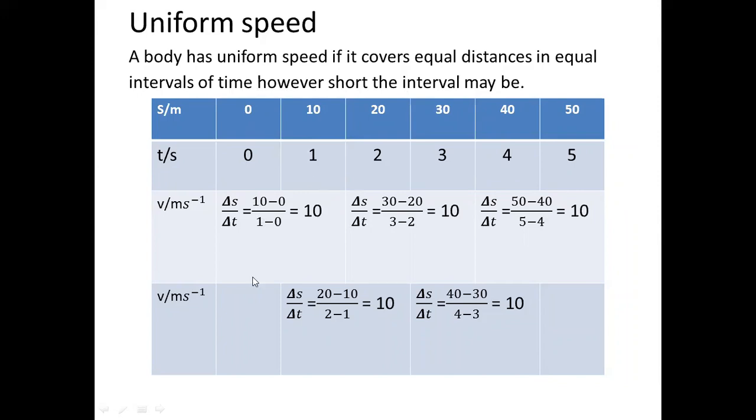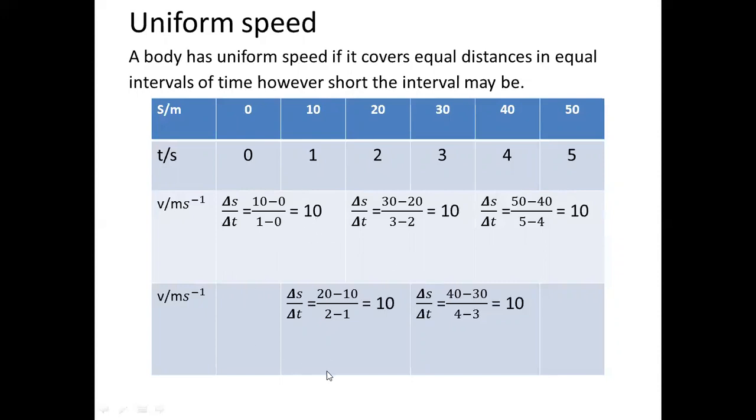So over here, we are going to see how to calculate speed for the time interval from 0 to 1. It is distance divided by time, 10 minus 0 over 1 minus 0. So the answer is 10.